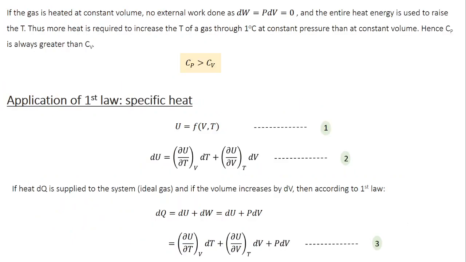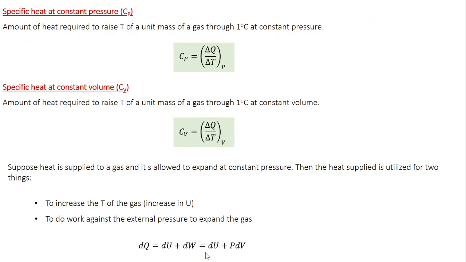On the other hand, if you look at the constant volume scenario, here the external work done, dW equal to P dV equal to 0, because when the volume is constant, change in volume dV equal to 0, so the work done is 0, which means the entire heat energy is going to be used to increase the internal energy.